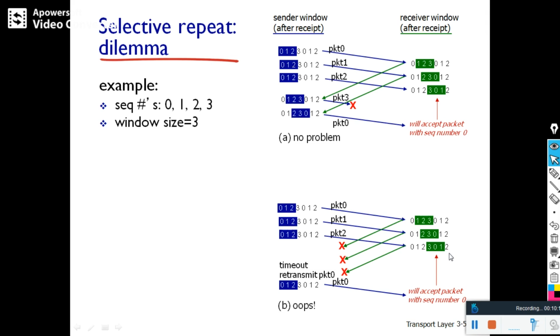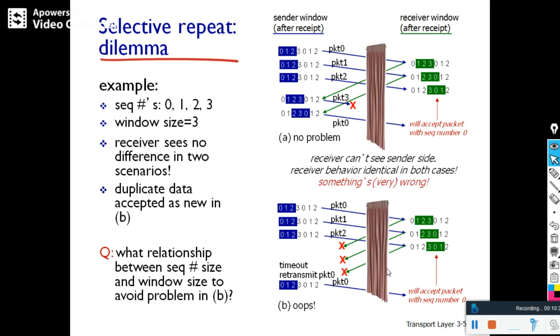This is the problem. To avoid this, as I said, the window size must be less than or equal to half of the size of the sequence number space for SR protocols. So the question can be, what is the relationship between sequence number space and window size to avoid the problem.